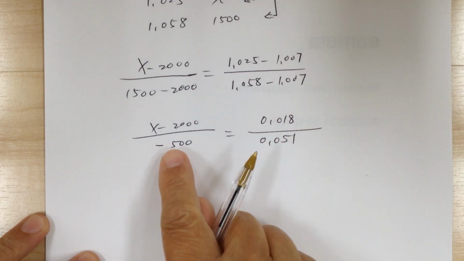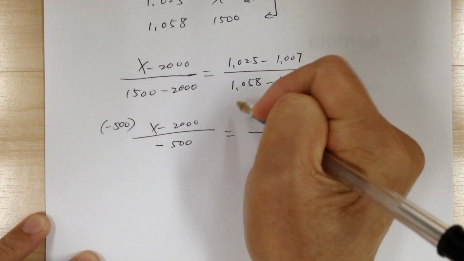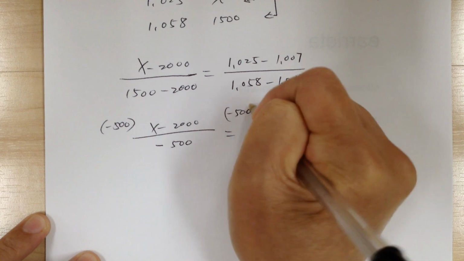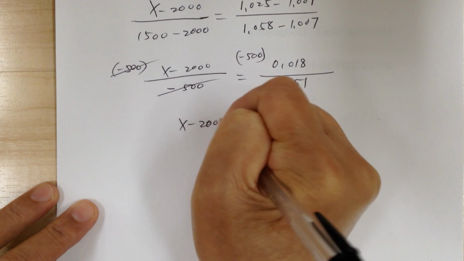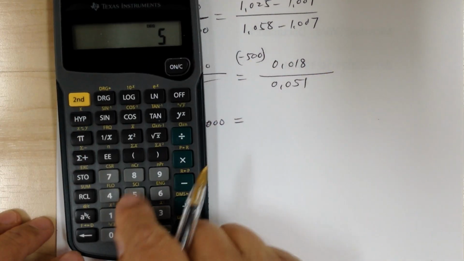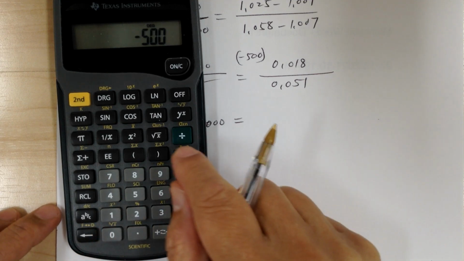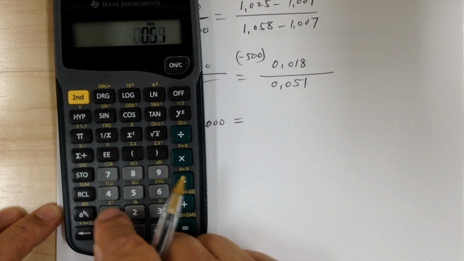Now you're going to get rid of this number, so multiply by negative 500 so that you can cancel out. So you get x minus 2,000 equals, with your calculator, negative 500 times 0.018 divided by 0.051.